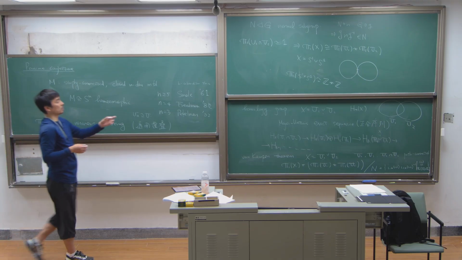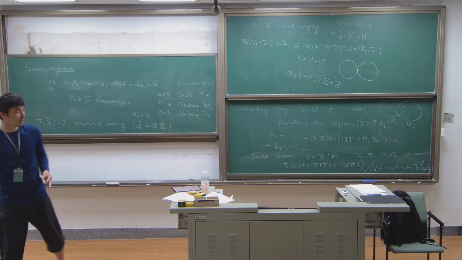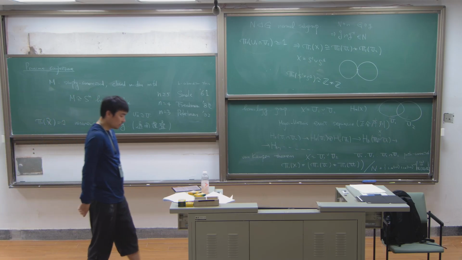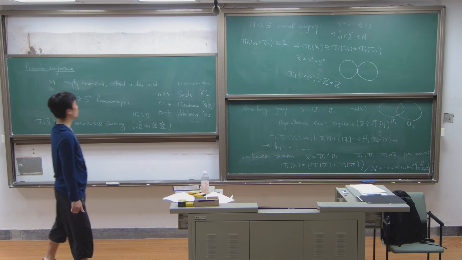Freedman's theorem uses wild topology in 4 dimensions. So this conjecture is true.